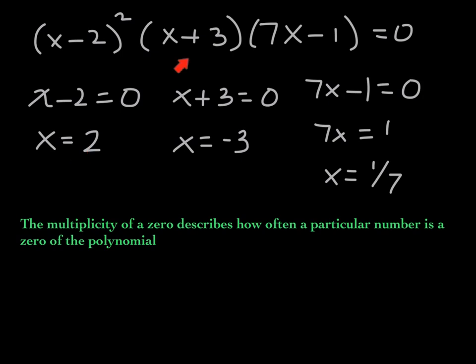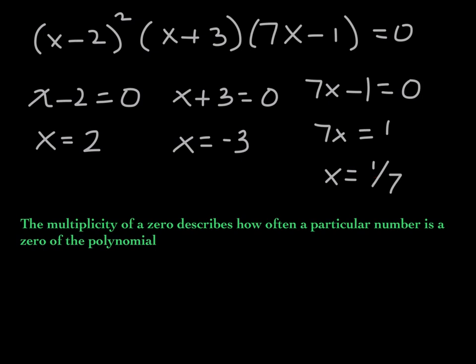Notice this factor has a power of 1. I know it's invisible, but we understand the power to be 1. That means -3 is a zero of multiplicity 1. Likewise, this factor is raised to the power of 1, so 1/7 is a zero of multiplicity 1.